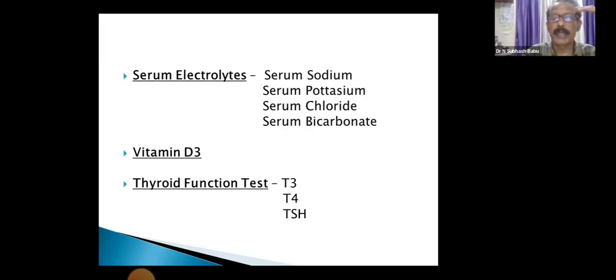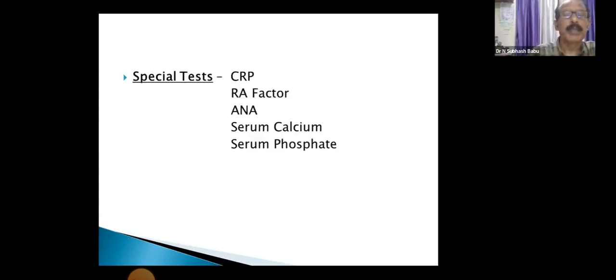It should be kept below 2, otherwise the metabolic activities will be hampered, and as a result the lipid metabolism and so many other things will be affected. So thyroid function is also a very common test that we have to perform in our OPD.